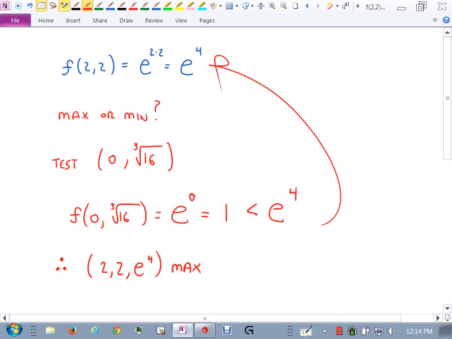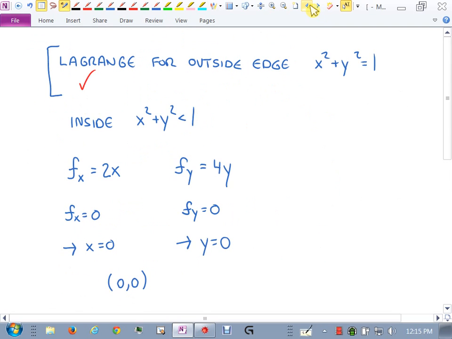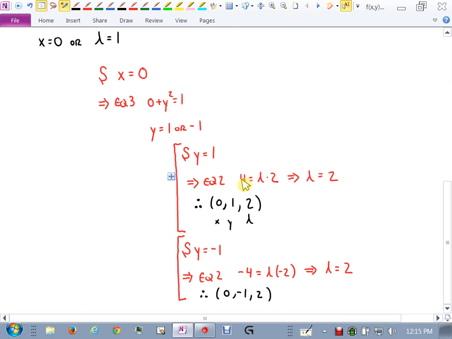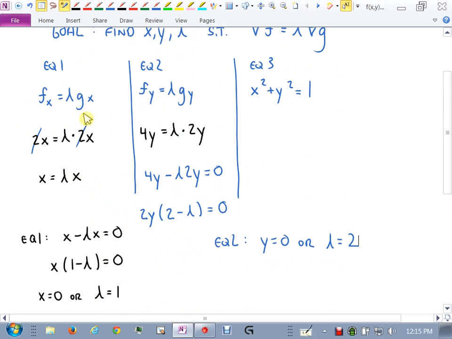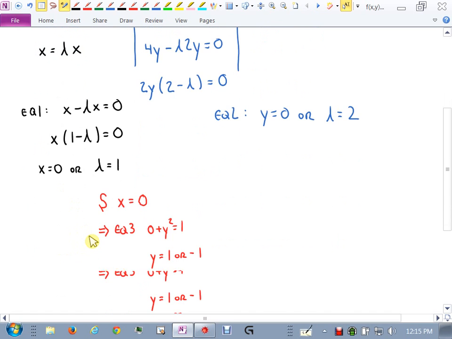All the problems that I've chosen to show you have little subtle differences in the algebra required to figure out what these points are. On the first example we did, we moved everything over to one side, factored, set equal to 0, and worked through it.